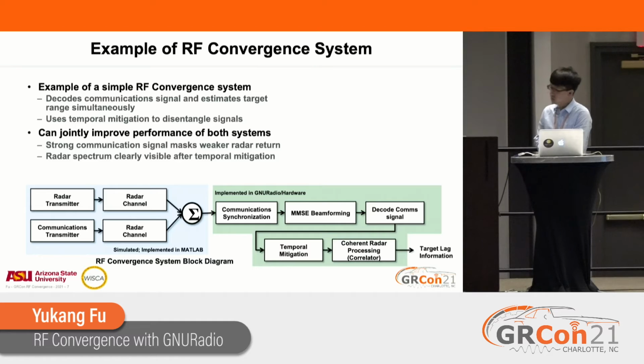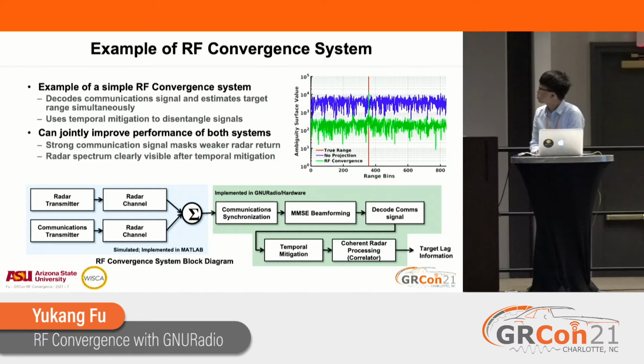In this case, the transmitted signal consists of a strong communication signal and a weaker radar signal. So the communication signal can be decoded easily. As you can see, here's a result. The radar return with a clear peak can be easily seen after temporal negation.